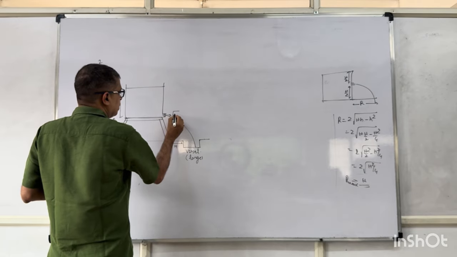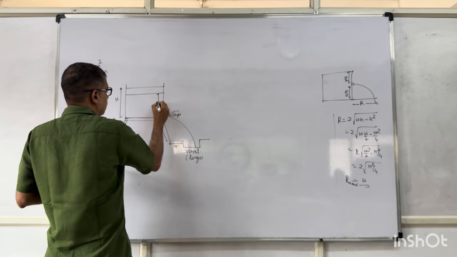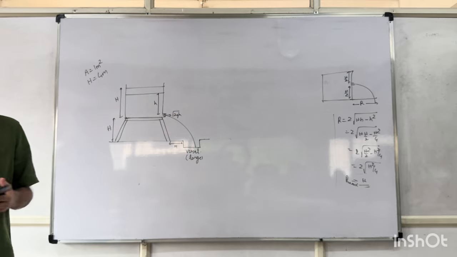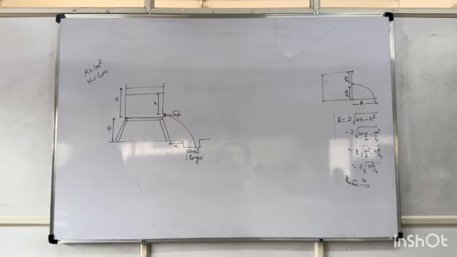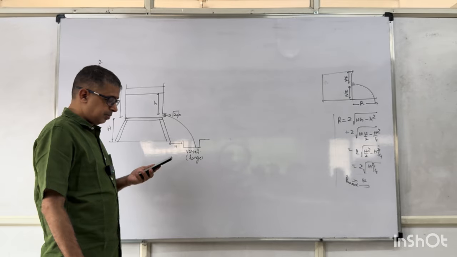Basically, this velocity, pardon? Okay. Width of? You mean this one?